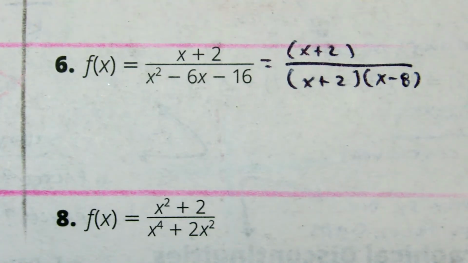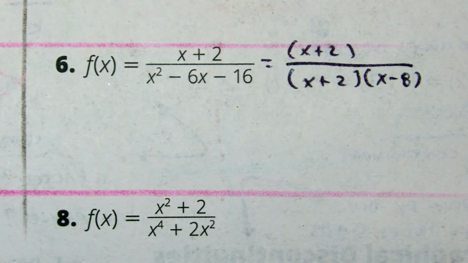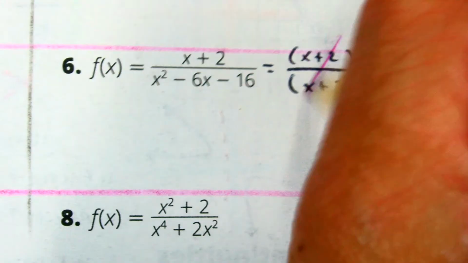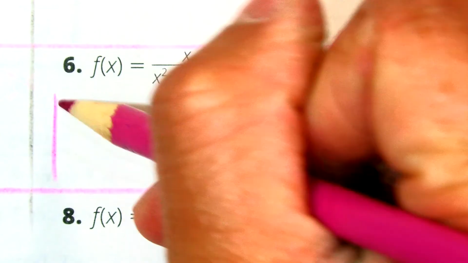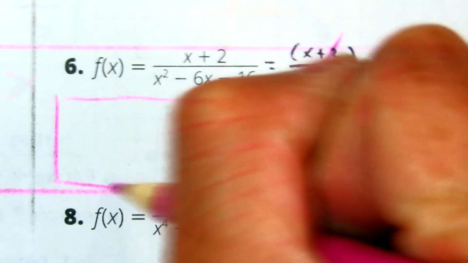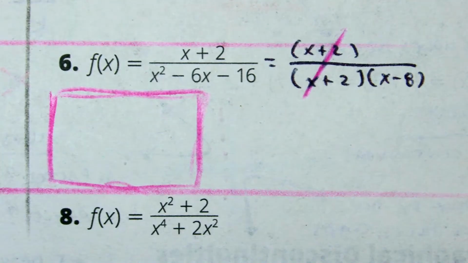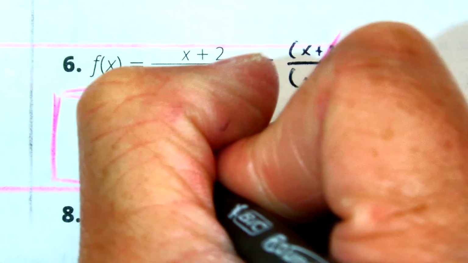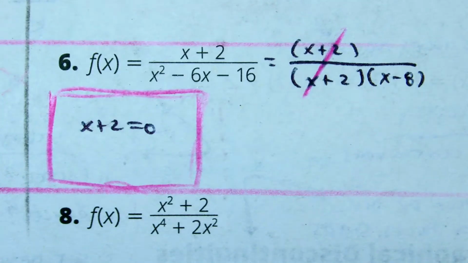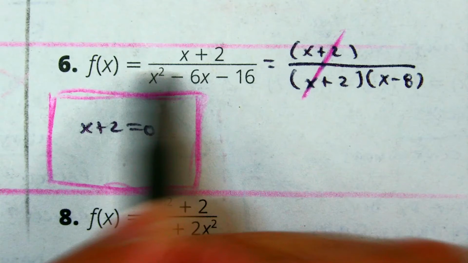Brianna, step number 2. What can I cancel? Brianna, what do I put in this pink box here? And what's the name of this box?